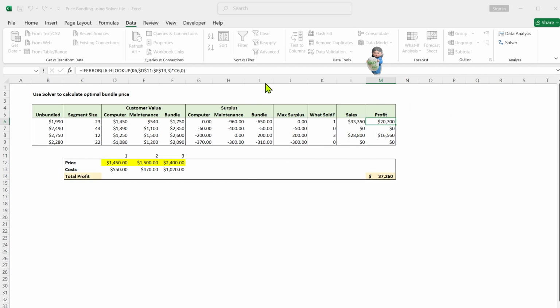So now I need to set this, actually this one is going to be M14. That's the max, we want to set it to the maximum value. Okay. So now let's click solve.